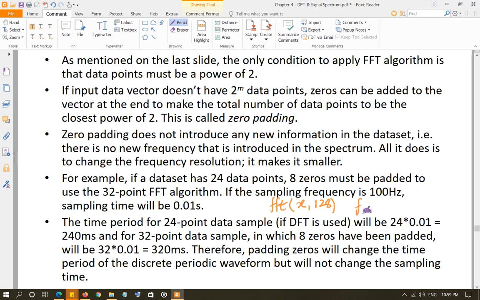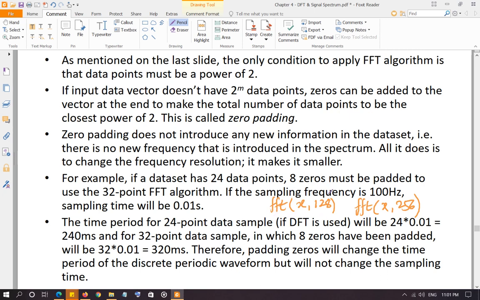If you want to evaluate x using 256 points, you can do that as well. It's going to pad 156 zeros if your input vector length is 100.